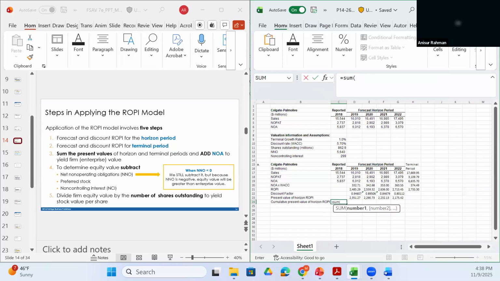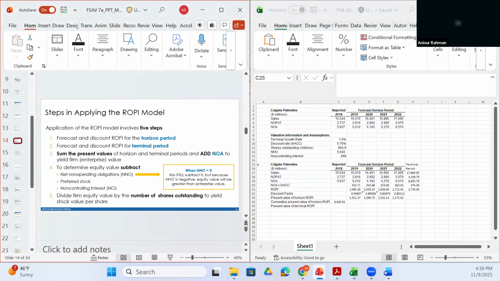So sum of this, okay? Now I'm going to calculate the present value of terminal ROPI.